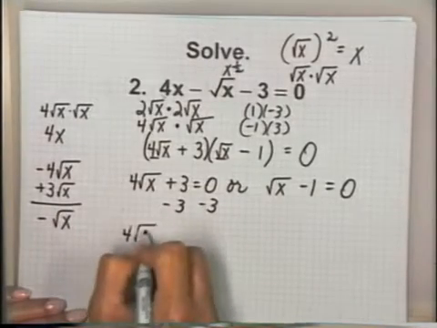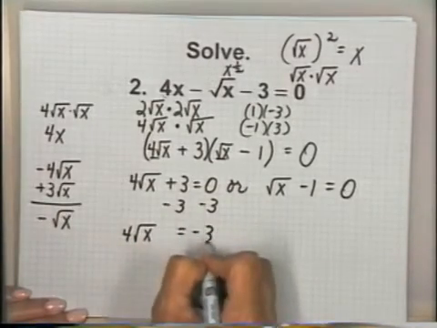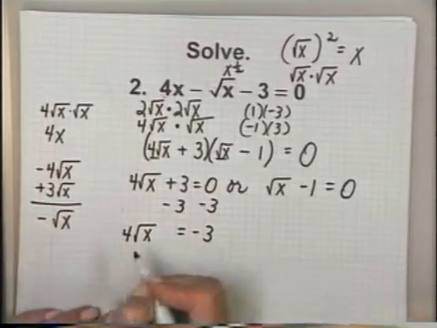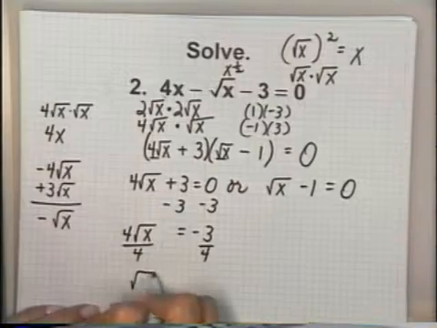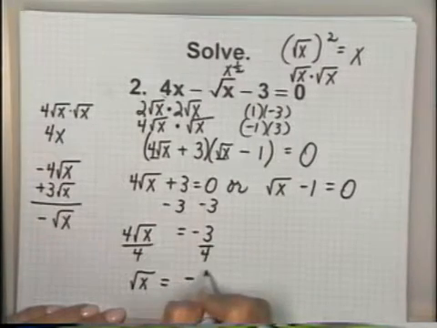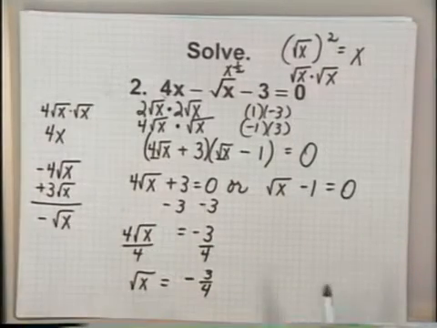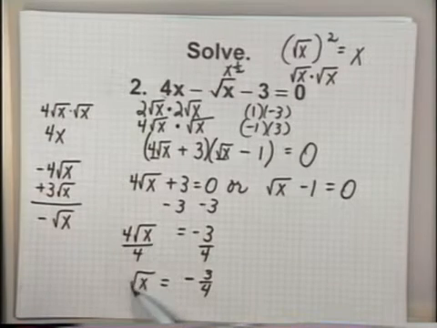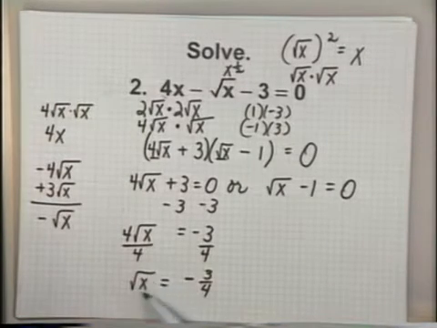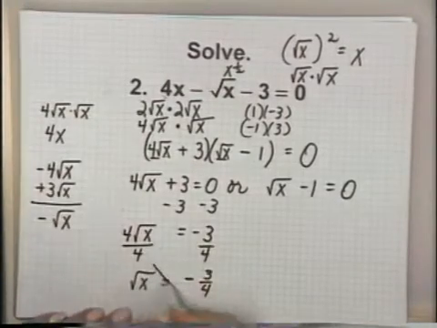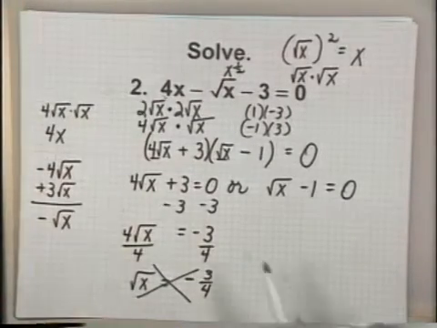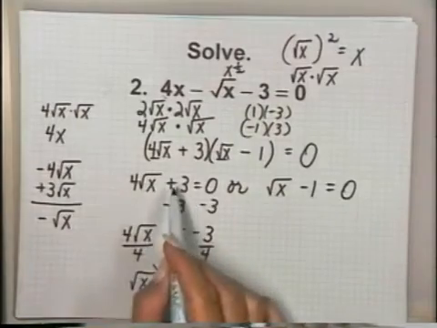I'll have 4 times the square root of x equals negative 3. Let's divide both sides by 4. I get the square root of x equals negative 3/4. And of course, we know that if I have the square root of a real number, there's no way that I can get a negative result. So I get no solution from this equation.